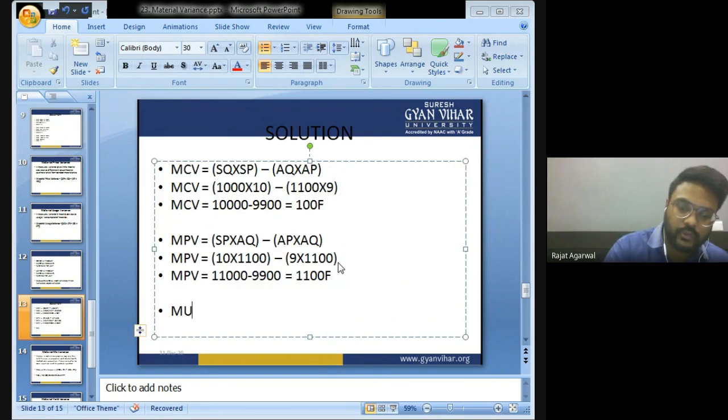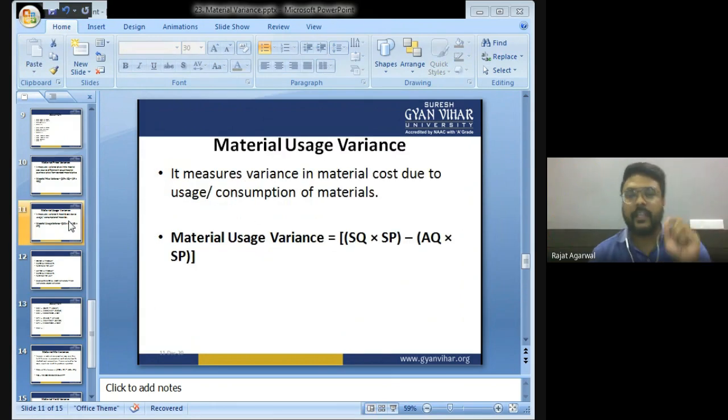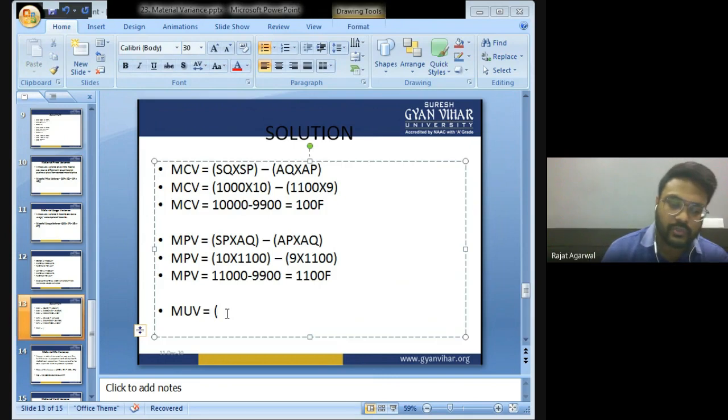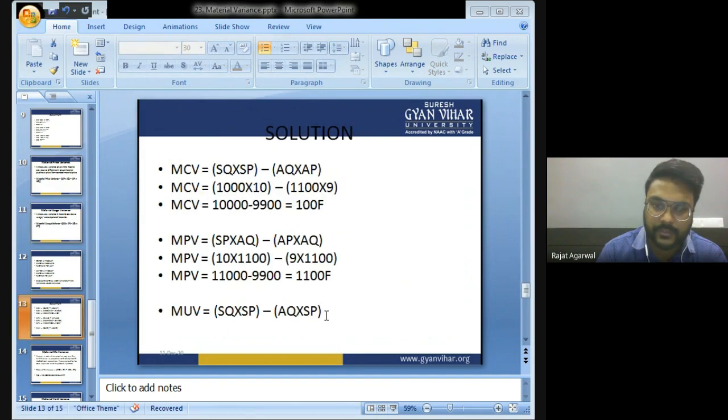Now material usage variance. The formula of material usage variance is given here: standard quantity into standard price minus actual quantity into standard price.